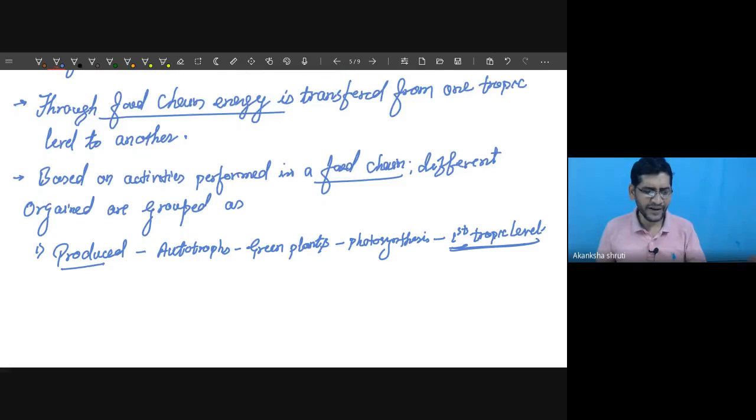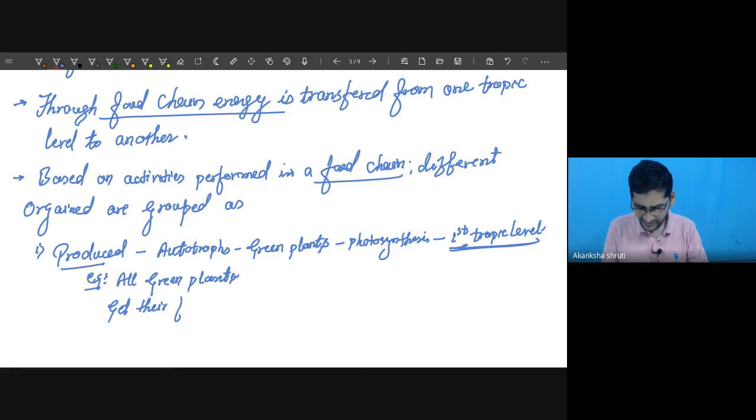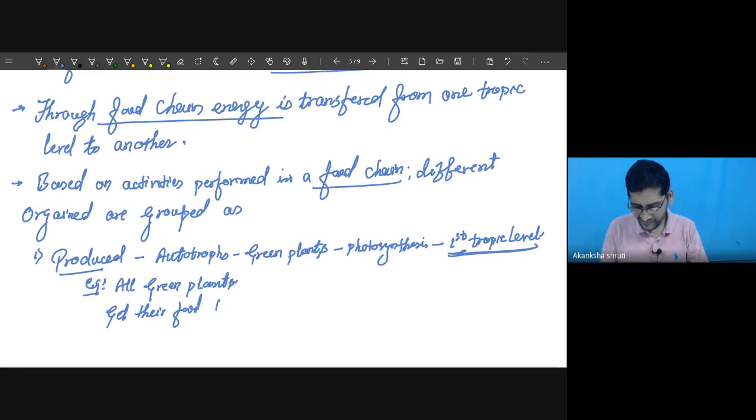What could be the example? All green plants. They get their food through photosynthesis.